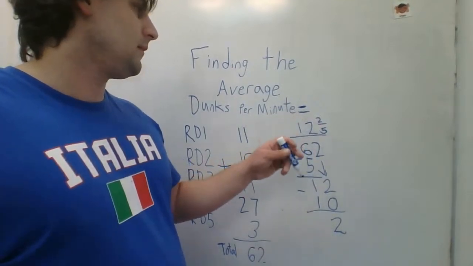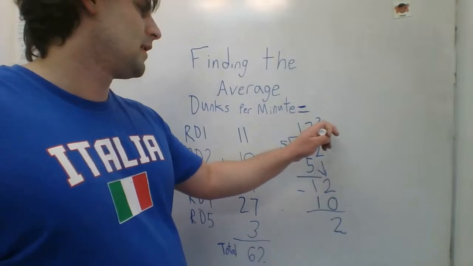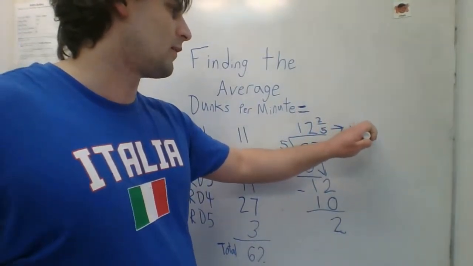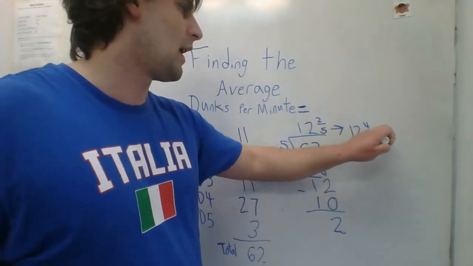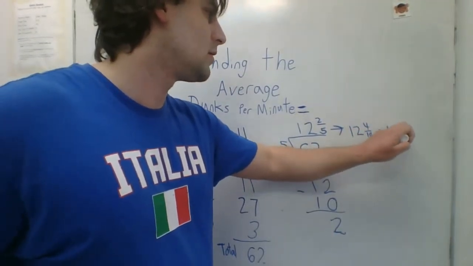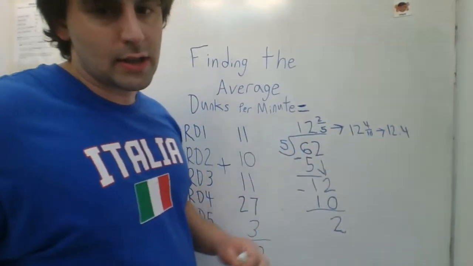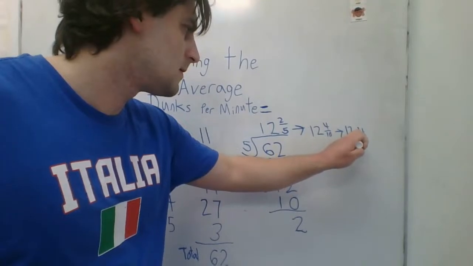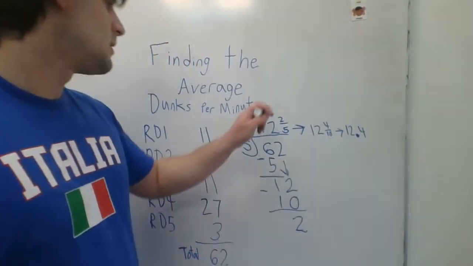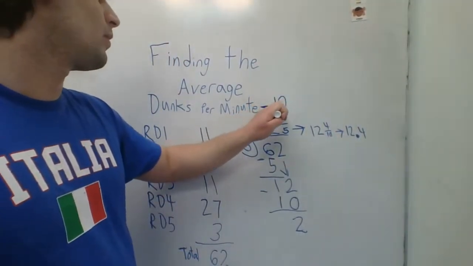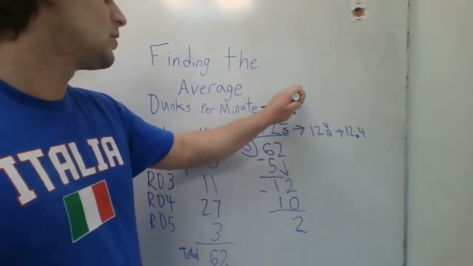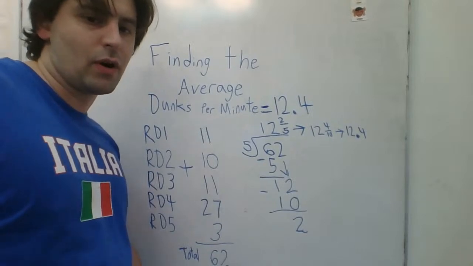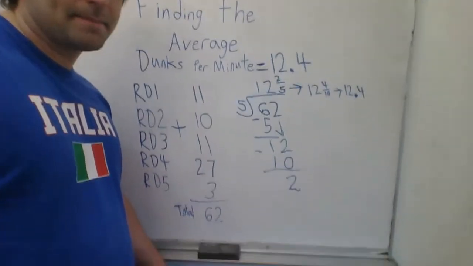So another answer, if we're converting it to a decimal, would be 12 4/10 or 12.4. Usually in sports, they convert to decimals. So my average dunks per minute was 12.4. I averaged 12.4 dunks per minute.